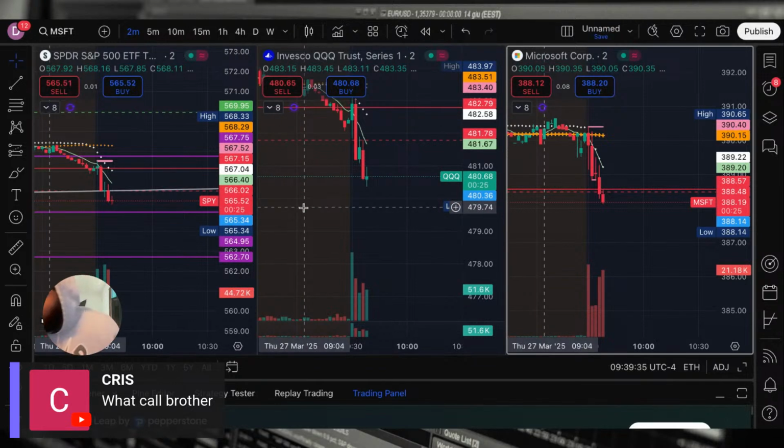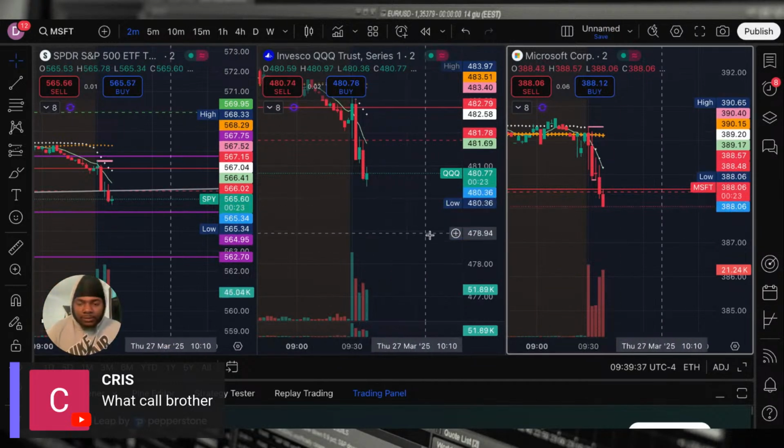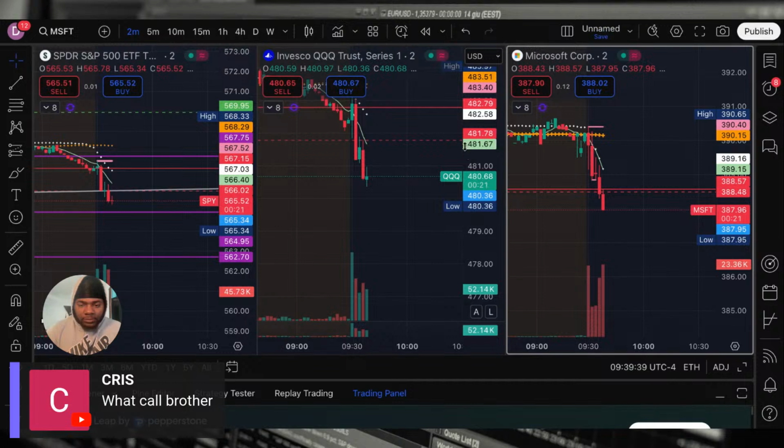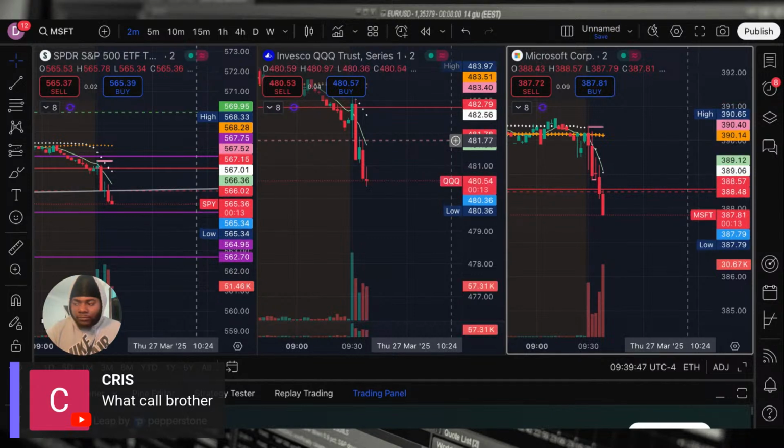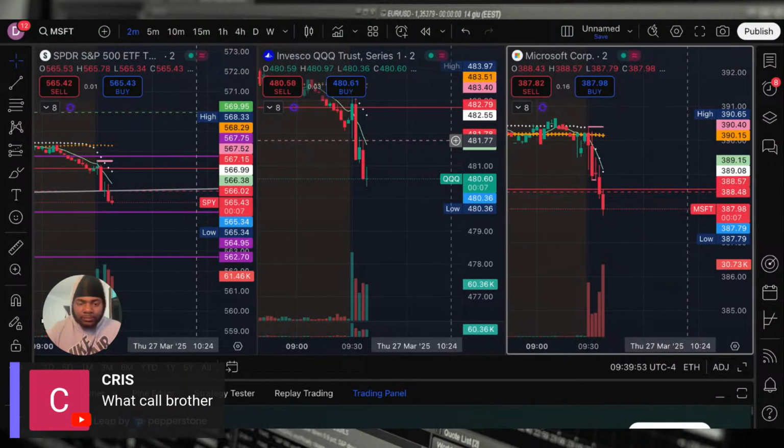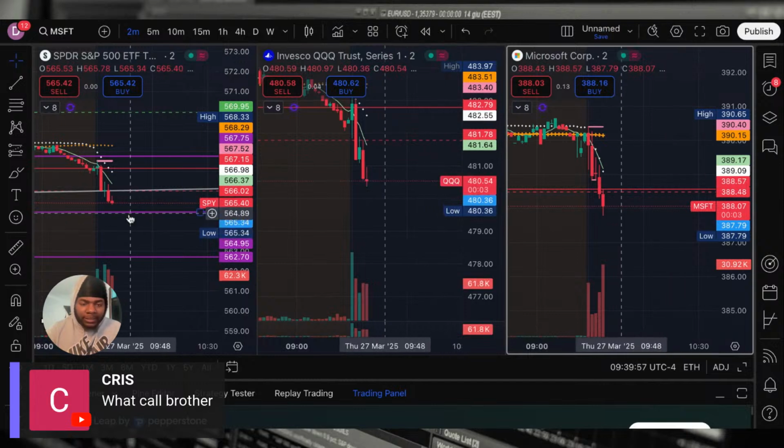QQQ 480 puts. Look at Microsoft. I'm still up 8%, guys. We could reverse on any kind of news.